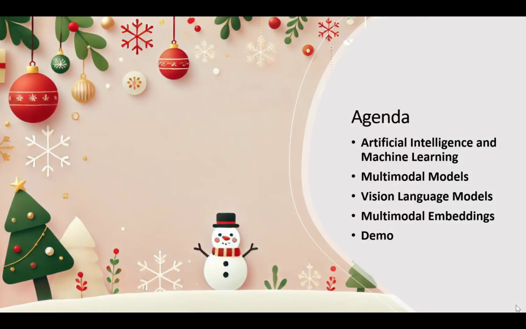Now I would like to talk about the agenda for the next 50 minutes. I'll start with an overview of artificial intelligence and machine learning. Then we'll be talking about multimodal models. After that, I will specifically talk about vision language models: what are they, some examples, how they are trained. So we have that understanding of what vision language models are. And then I'll be talking about multimodal embeddings.